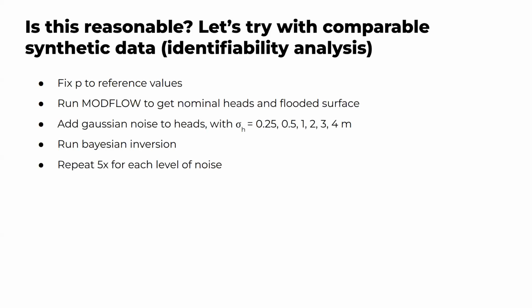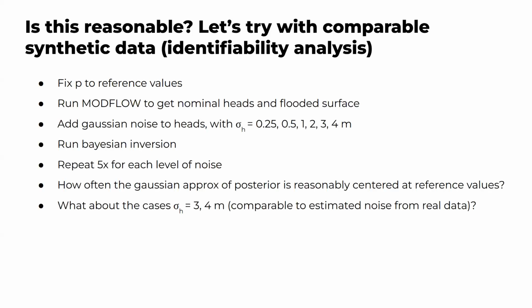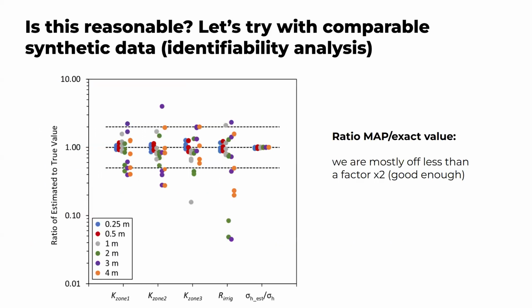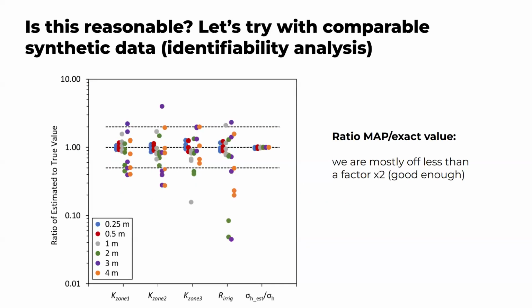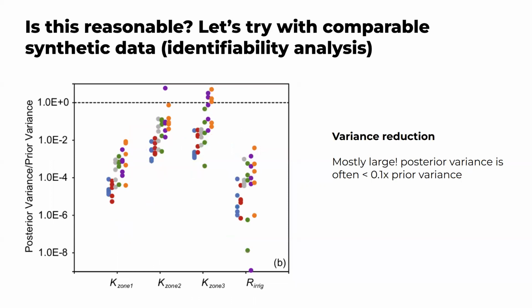Before concluding that our MAP results were okay, we tried a few times with synthetic data with comparable noise, and we saw that most often the parameters were off by less than a factor of 2 at the levels of noise that we estimated. So we thought it was good enough.